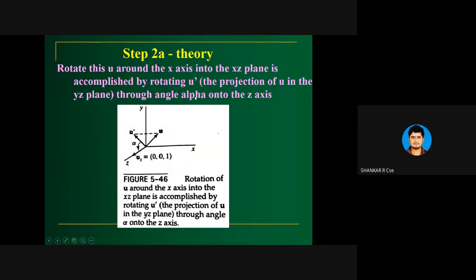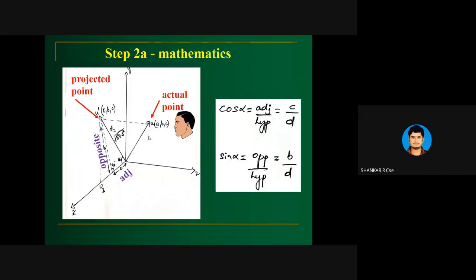It can be accomplished by rotating u dash. What is u dash? The shadow of u, something like this. U is here. You are actually seeing from this angle. This dotted line is your projection, the shadow.